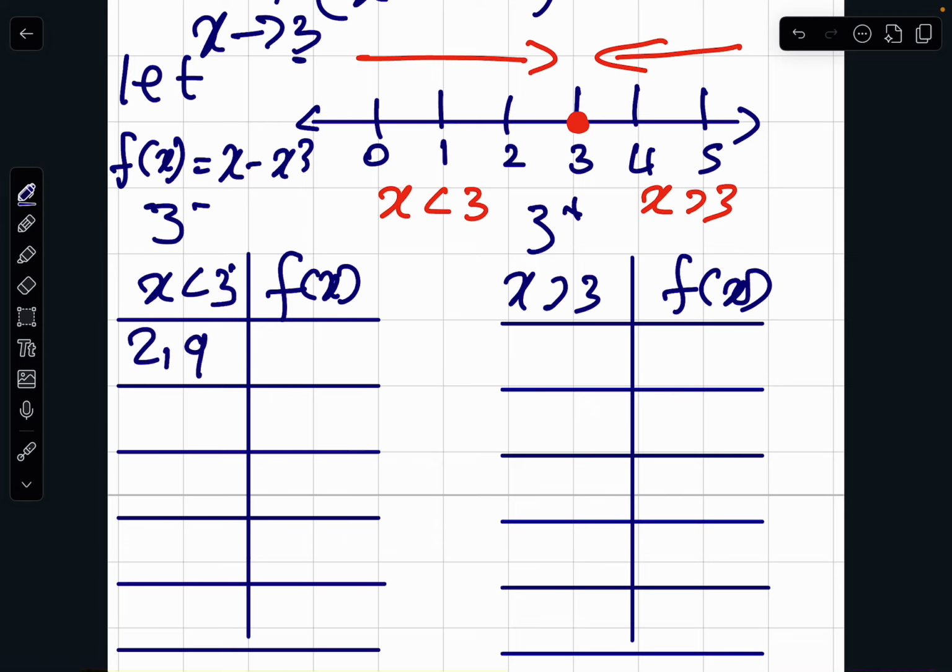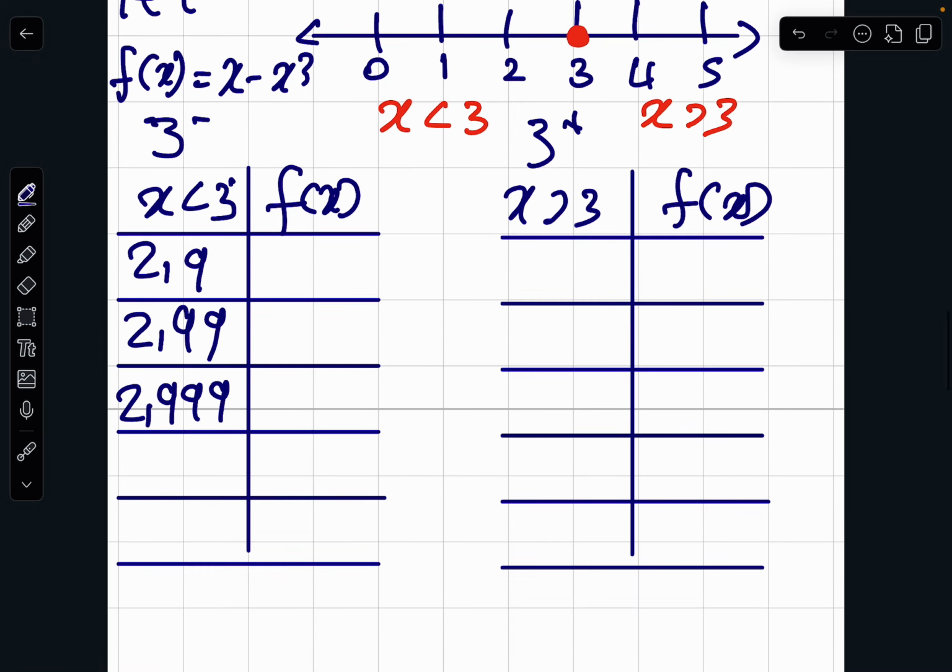The other value that is very, very closer than this one is 2.99. The other one is 2.999. The other one is 2.9999. Understand?